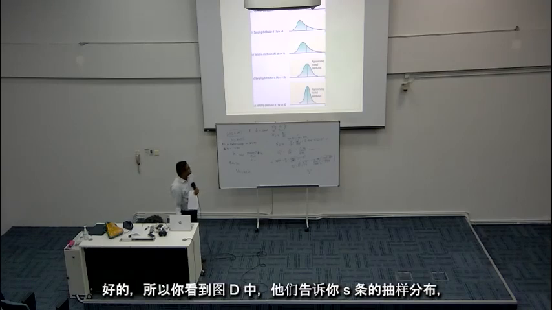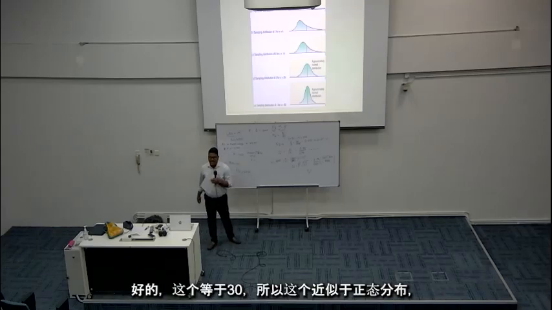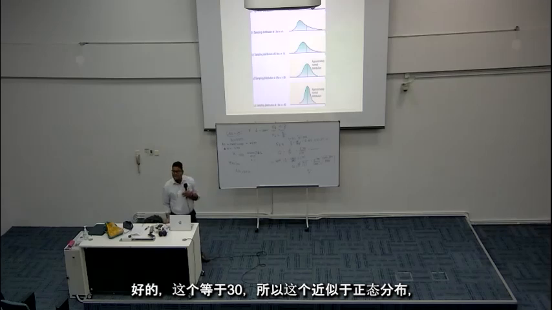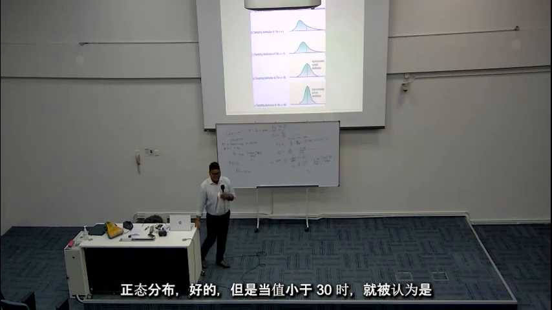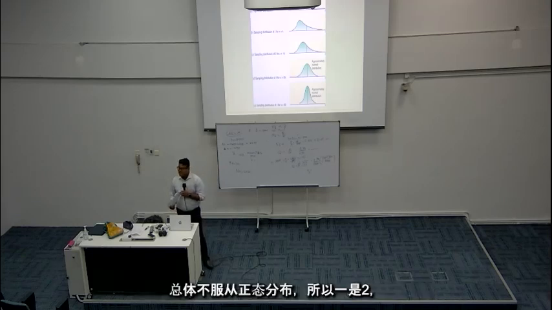You see that in figure D, the sampling distribution of x bar, whereby n is equal to 30, is approximately normally distributed. When the sample size reaches 30, we can say the distribution is approximately normal. But when the sample size is less than 30, it is considered as a population that is not normally distributed.